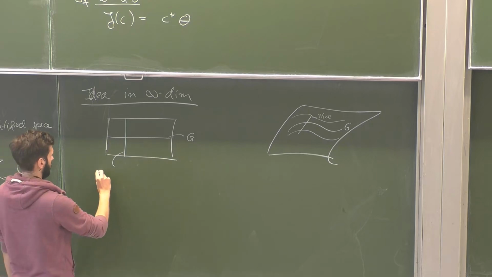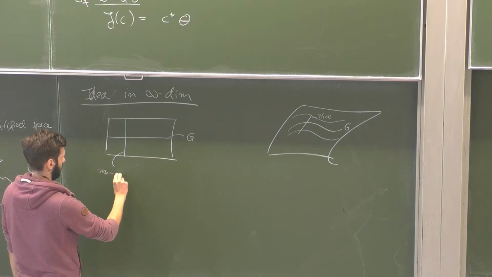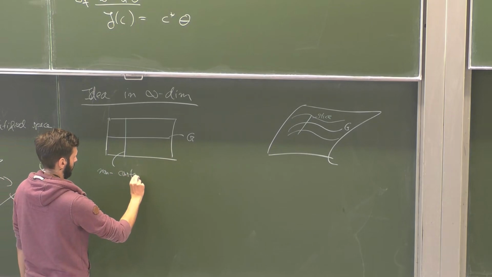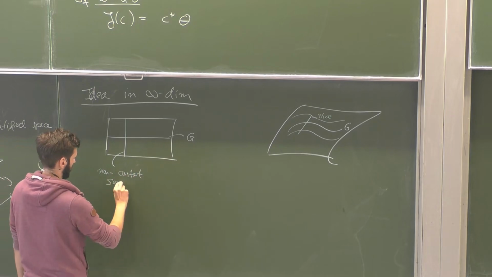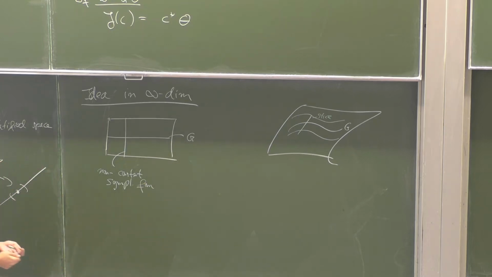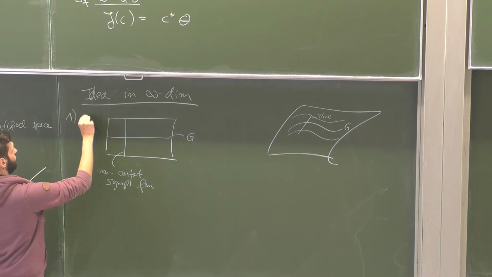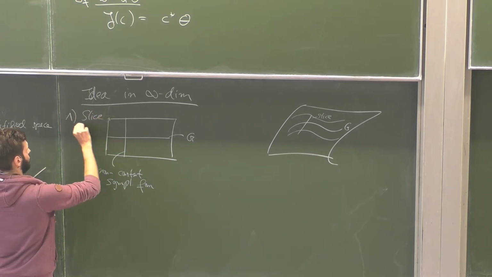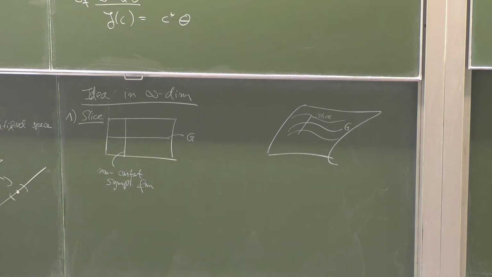So this means that we have a non-constant symplectic form. So the first step is using a slice. And there are some results in infinite dimensions about when actions have slices, so that's relatively well covered, and it's fine to assume that we have a slice.